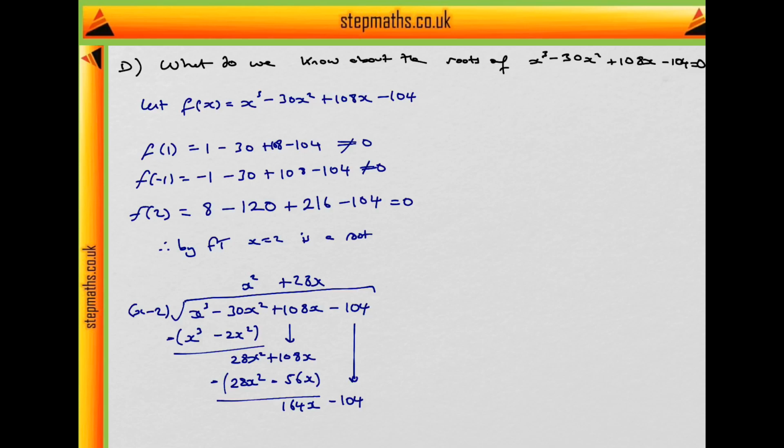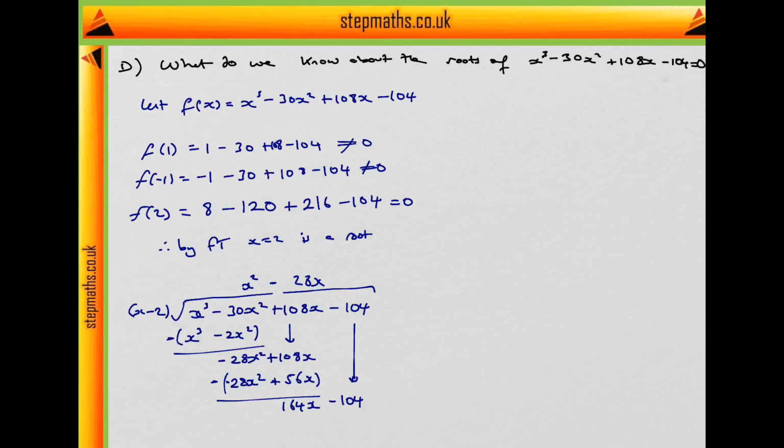Sorry, we have a slight error here. Notice here that it's actually minus 30 minus minus 2, so it's going to be a minus 28, not a plus 28. So that means that up here, we're going to change this to a minus 28x, and then we get a minus minus, and then a minus 28 times a minus 2 gives us a plus 56.